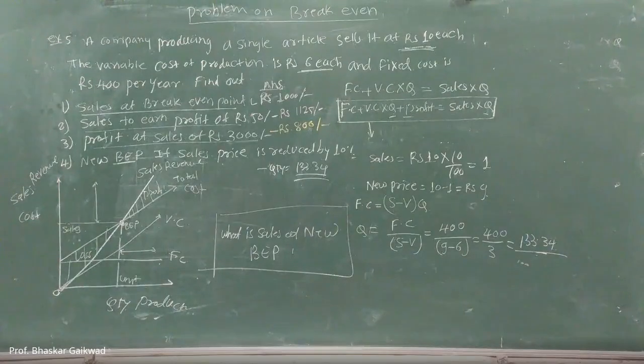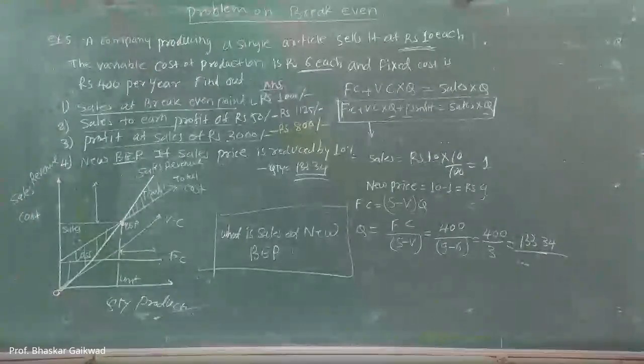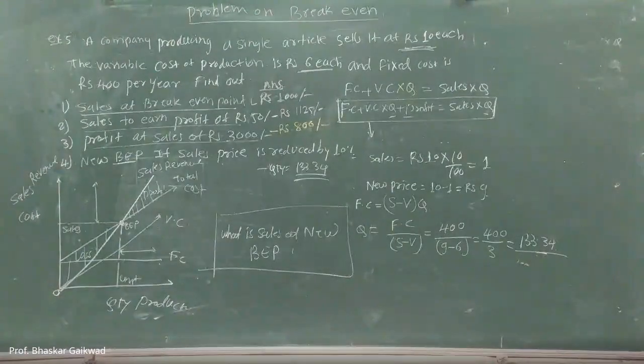Who will tell? Anybody can calculate sales at new break-even point. Sir, it's 1200.